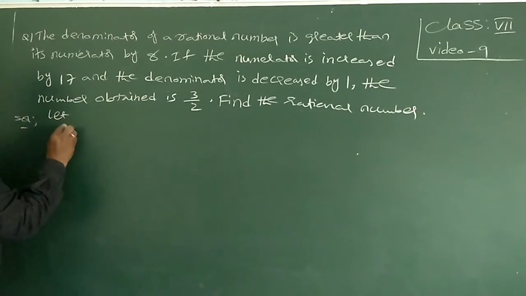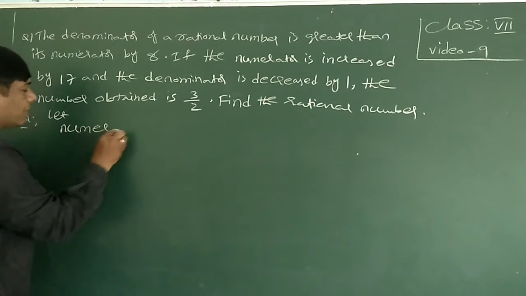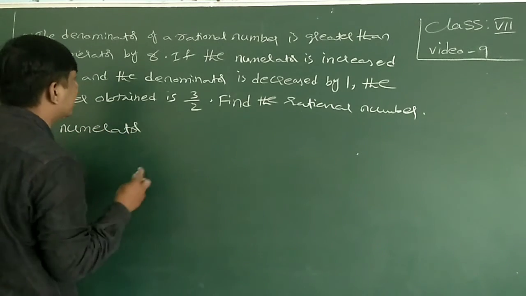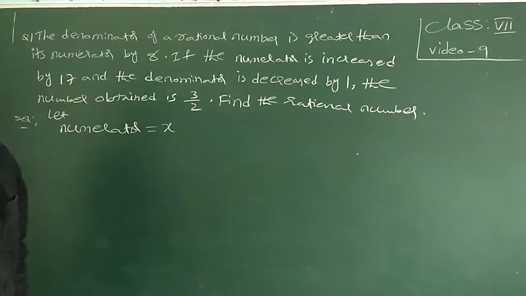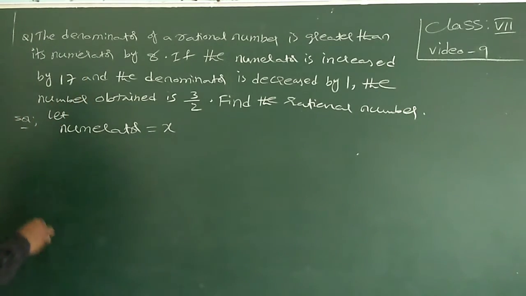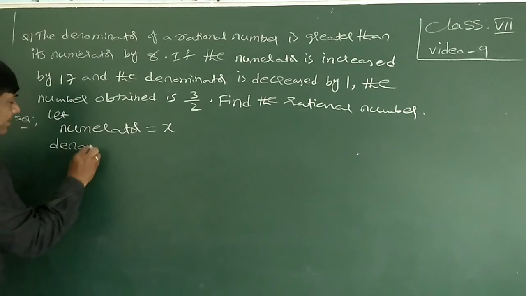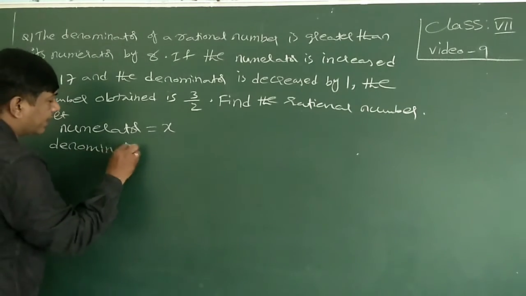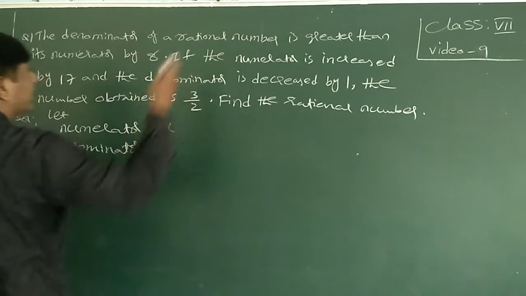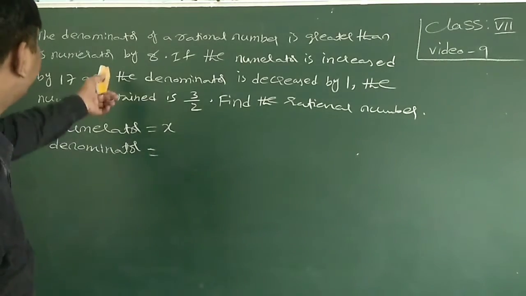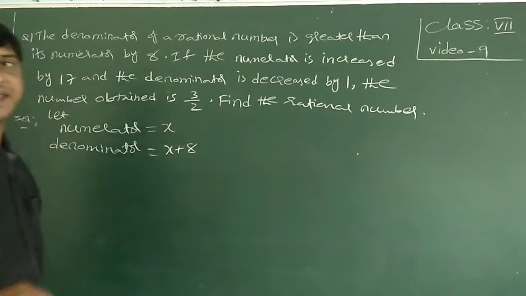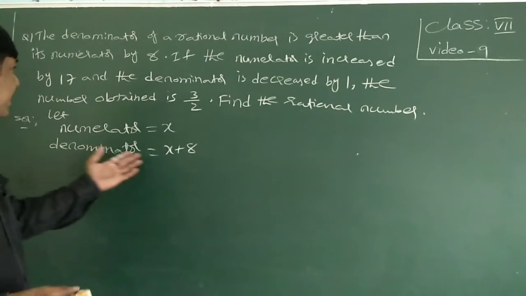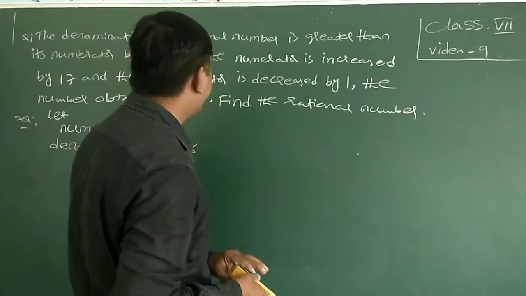Let us suppose the numerator of the rational number is x, and the denominator of the rational number is equal to 8 more than the numerator, which means x plus 8.